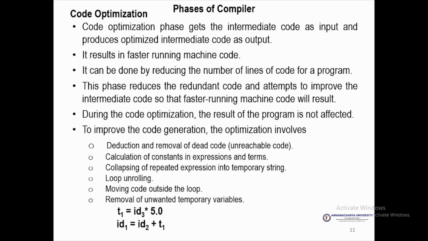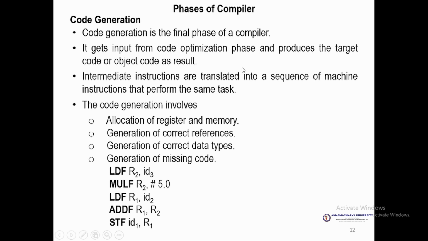And identifier 1 equal to identifier 2 plus T1. So the previous three address code, the intermediate code, is reduced from four statements to two statements by applying optimization.